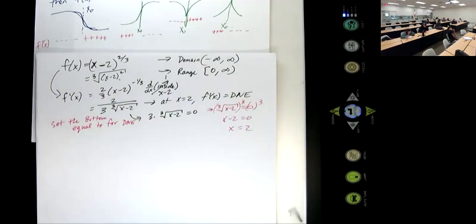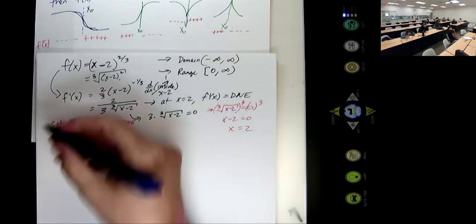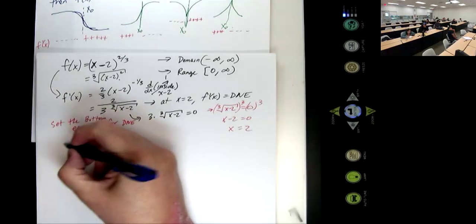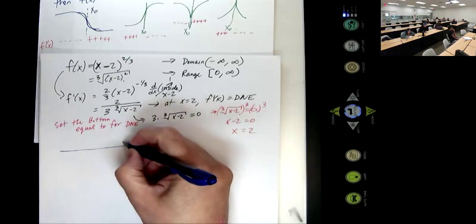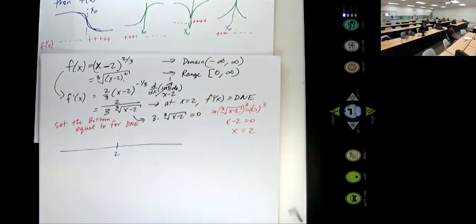And we look at a sign chart there. 2 is the only spot something changes. It's the only spot where any x is, so it's the only thing to look for.